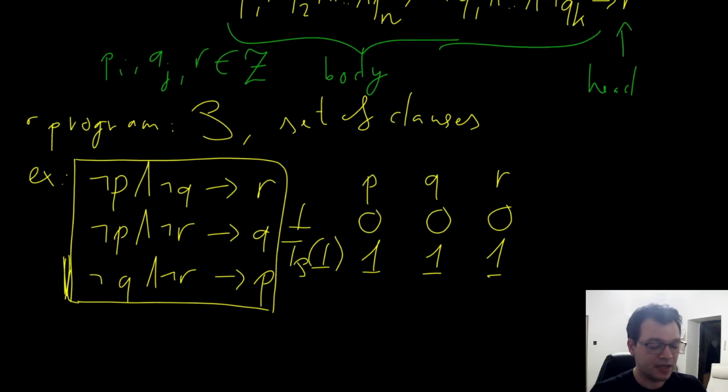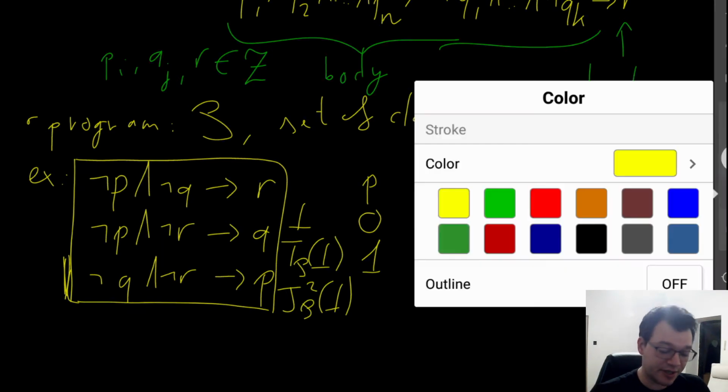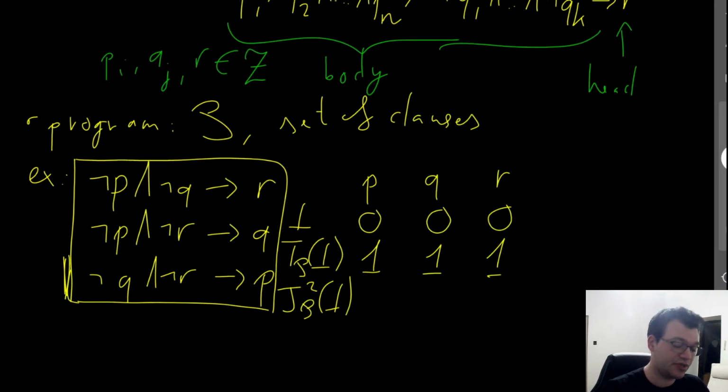Now if you iterate this function once more, P is now 1, so not P is 0, and not Q is also 0, meaning the left hand side is 0.